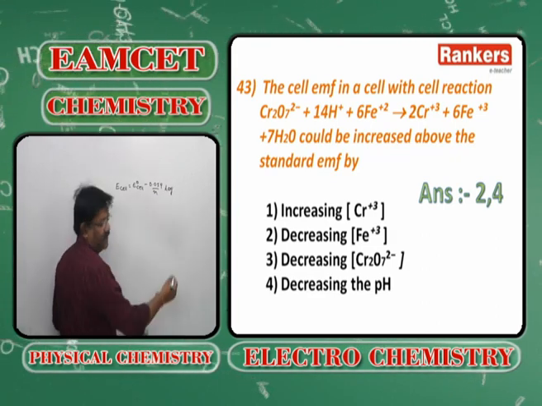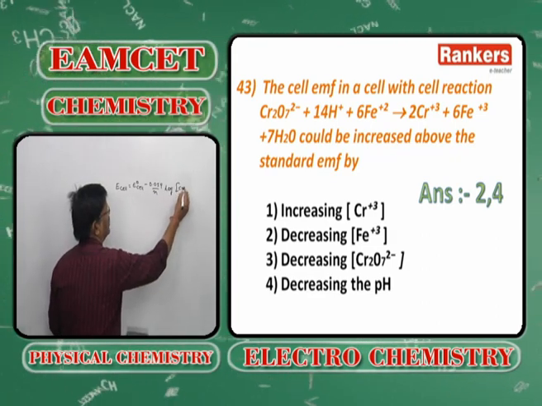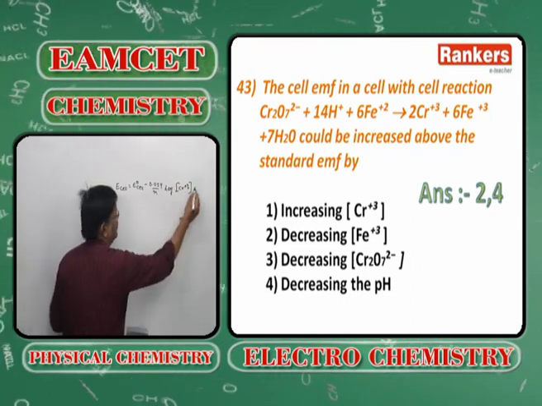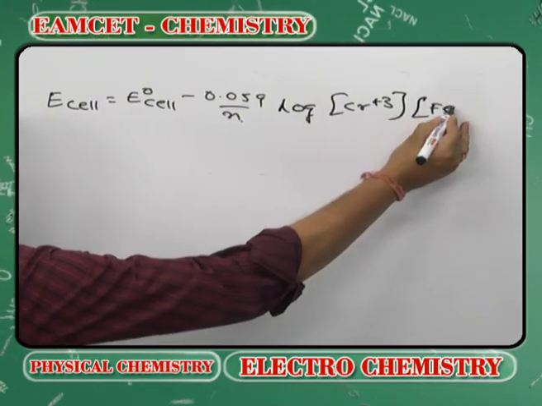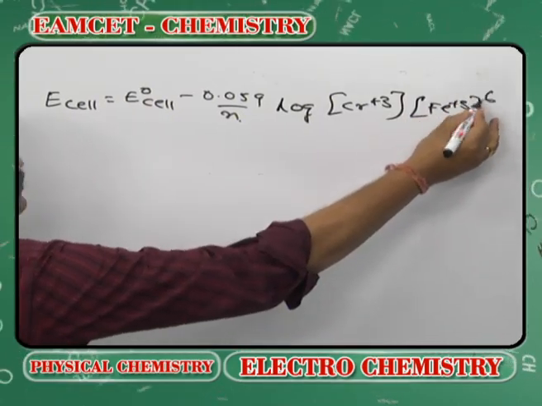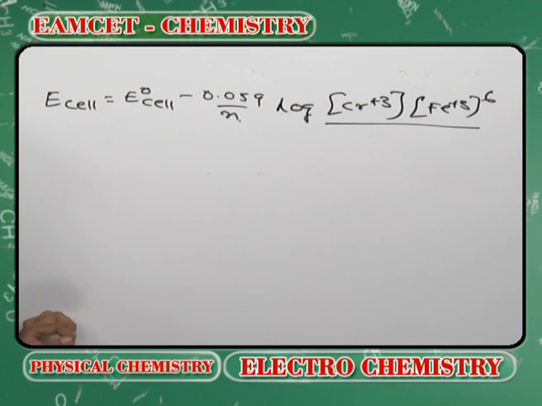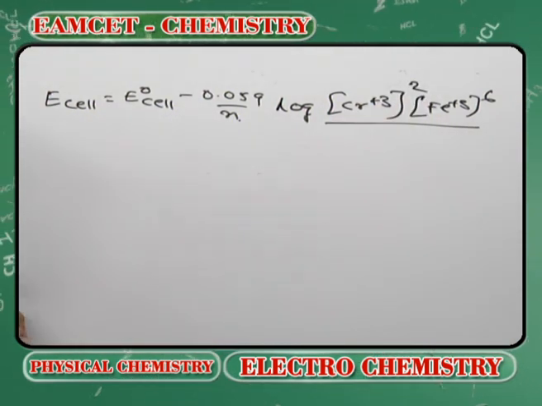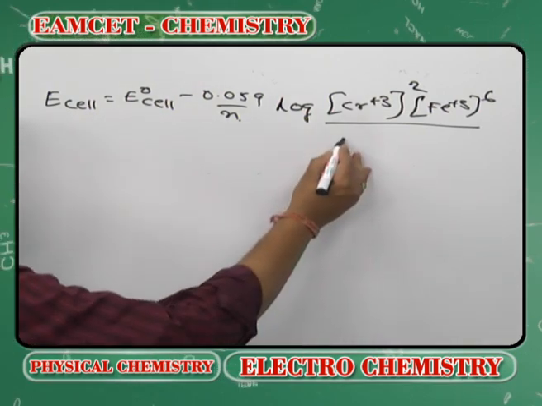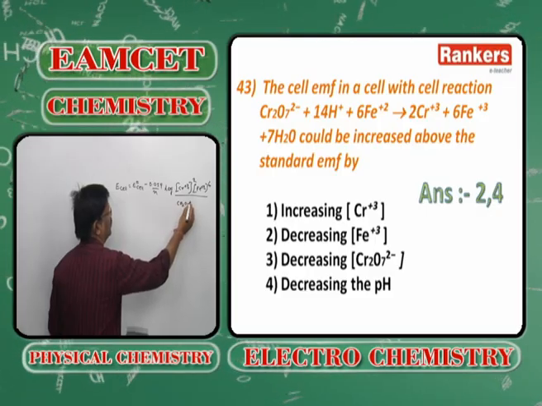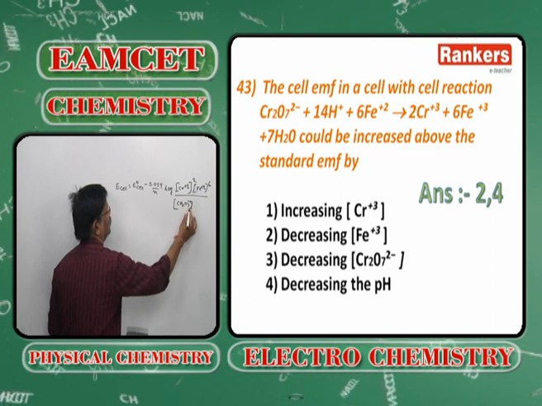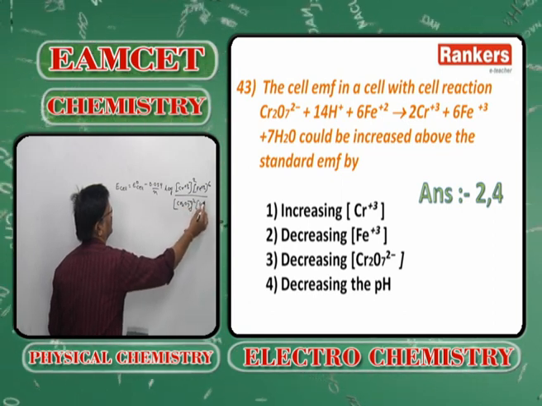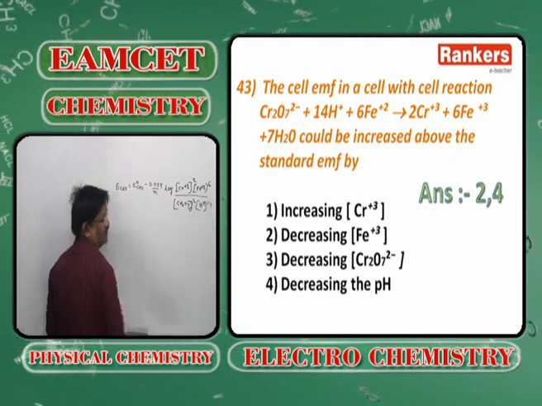Cr plus 3 taken 2 times, Fe plus 3 taken 6 times, by Cr2O7 minus 2, H plus taken 14 times.